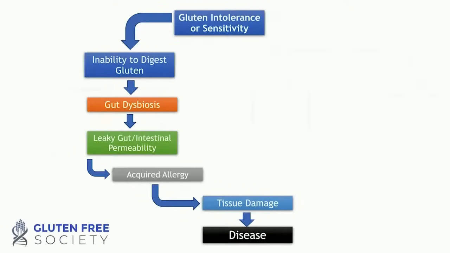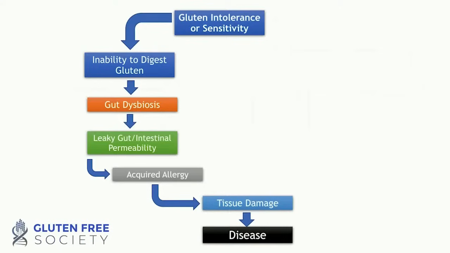Now, I'm going to show you another diagram because I want you to understand visually what we were talking about earlier with definitions of gluten intolerance or gluten sensitivity. I said earlier that an intolerance was the inability to digest. So if you follow me on the left side of this diagram, inability to digest can lead to a gut dysbiosis. In essence, you change the bacteria of your flora in your gut, and that alters them, in some research studies in a negative way.